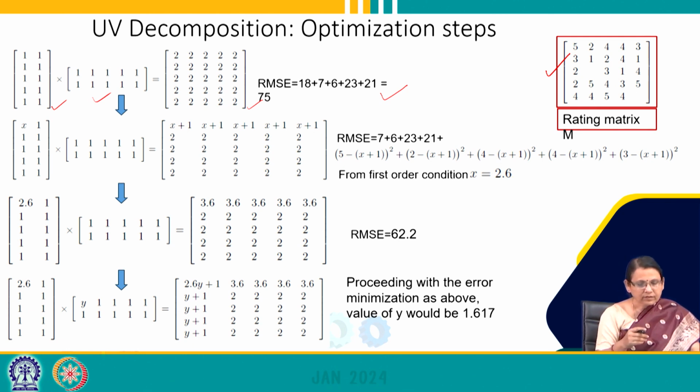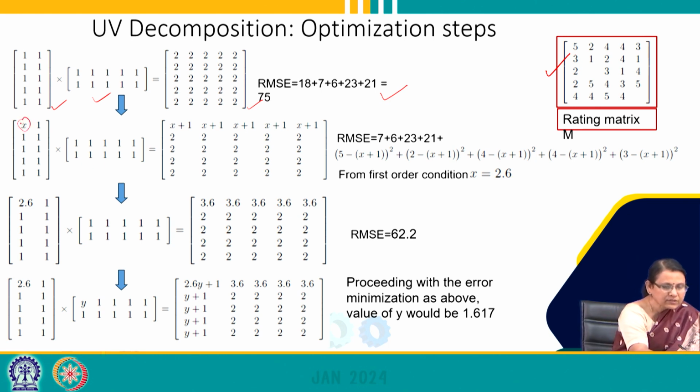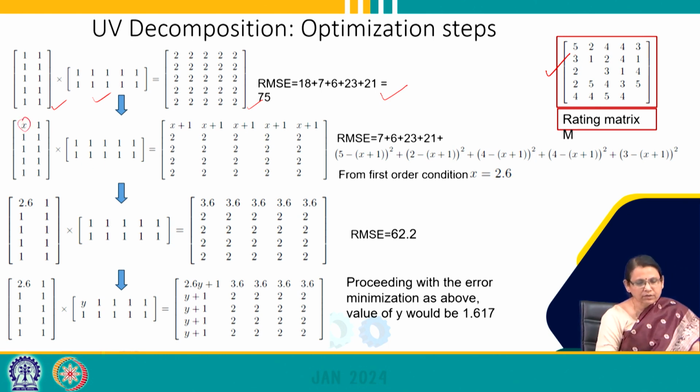So, what has to be done? We have to now replace it with x, and once we replace it with x, this is our new matrix. Now, what is the value of x? The value of x is that which minimizes the error function. What is the error function here?